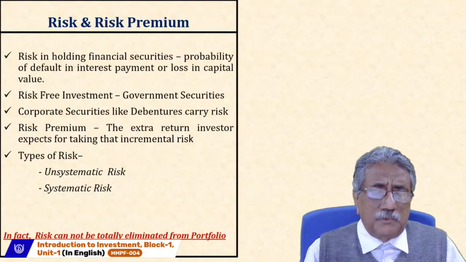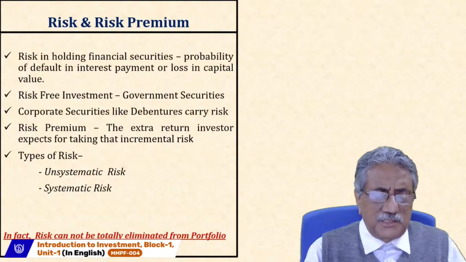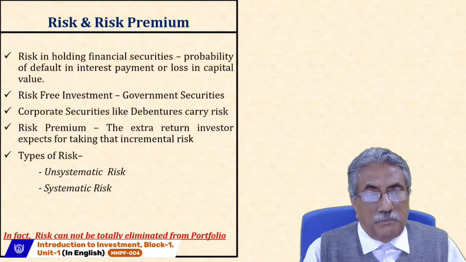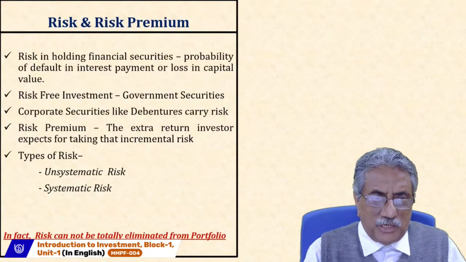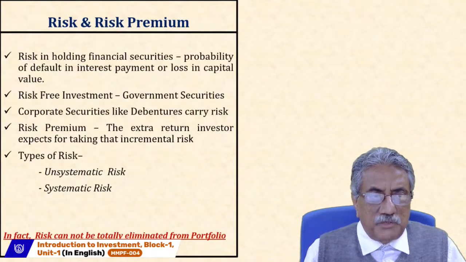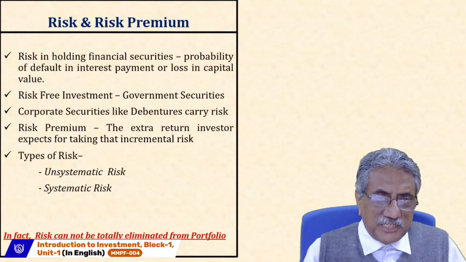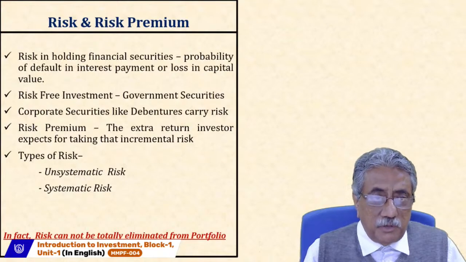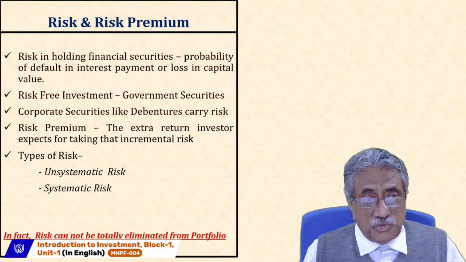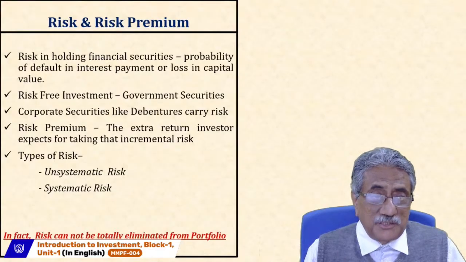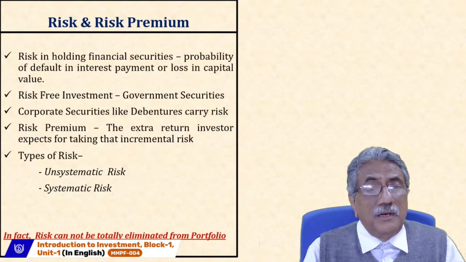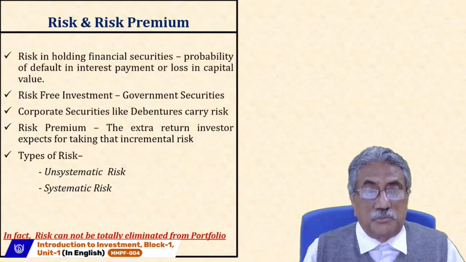You can buy some shares from Marico, that is Parachute hair oil, and you can buy something from Ultratech Cement, which sells cement with a little premium, and you can buy some IT stocks which are doing well, like TCS and others, and that way you can reduce this unsystematic risk.